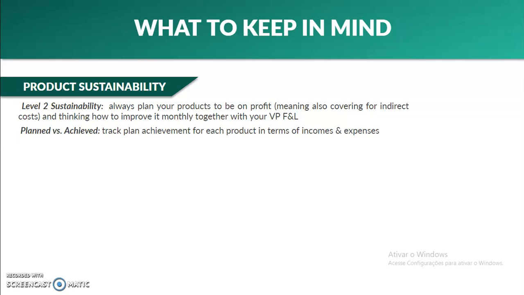Monthly as well, you're also going to check the planned versus achieved for each product in terms of incomes and expenses. So don't only check your products related to the customer flow funnel, but also regarding these financial metrics.